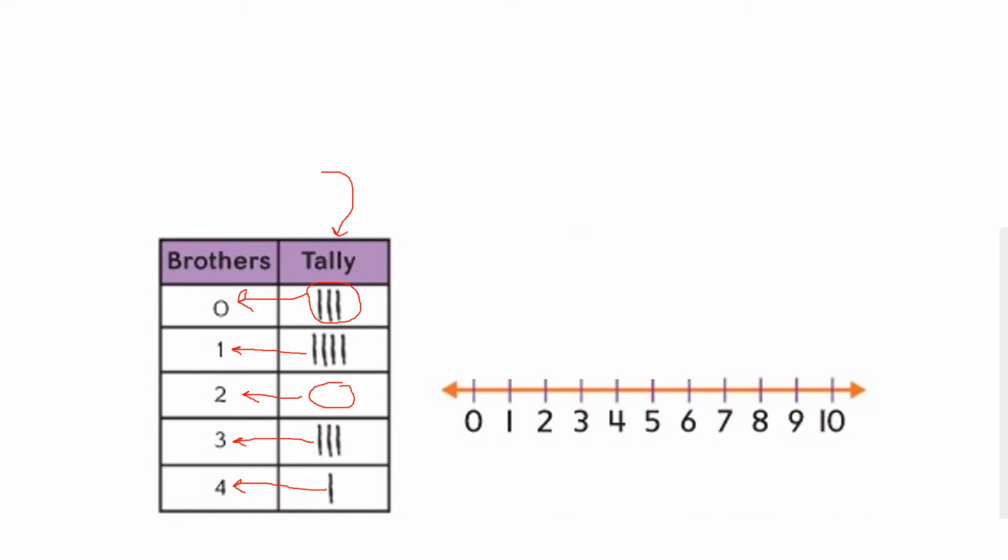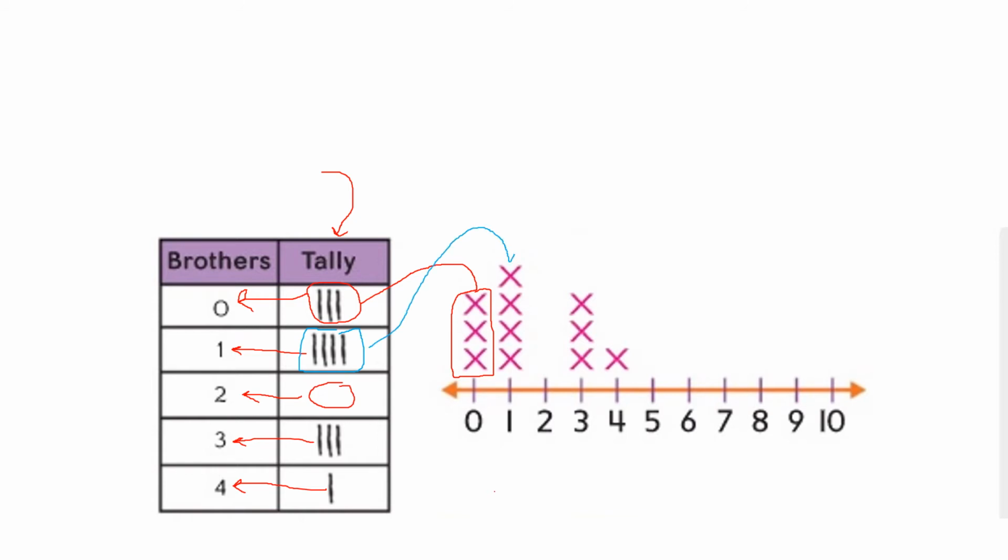Well, there were 3 people who said they had 0 brothers. So what I'm going to do is, over the number 0, I'm going to put 3 X's. So I just take the tally marks and I make X's. It means 3 people answered this way. 3 people had no brothers. And then if we look at the next one, there were 4 people who said they had 1 brother.